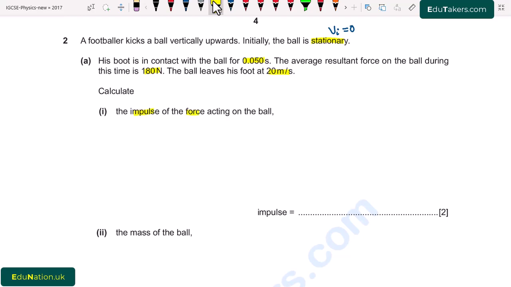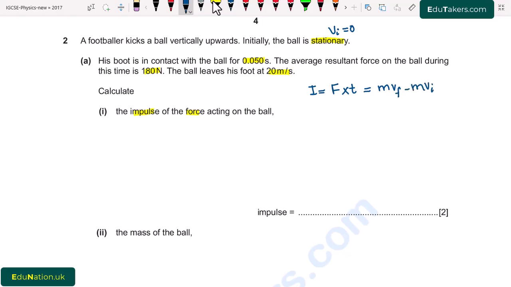Here we have to find out the impulse. For that we have to know what is meant by impulse. Impulse is the product of force and time, and it is also equal to change in momentum. I write here impulse is represented by I and it is the product of force and time, which is also equal to change in momentum, mvf minus mvi.